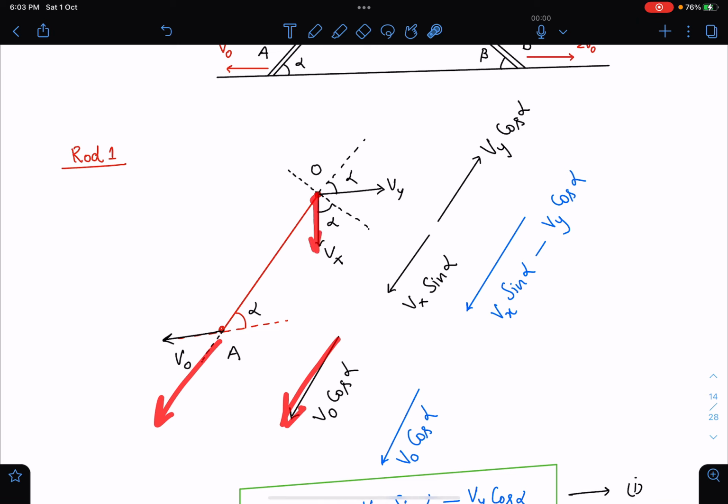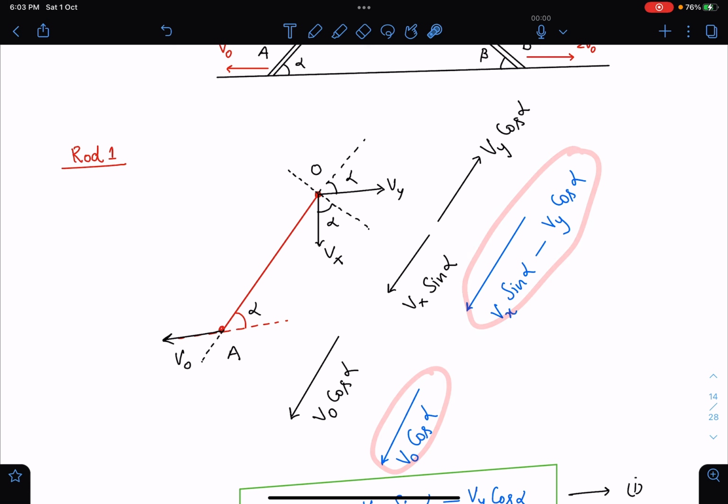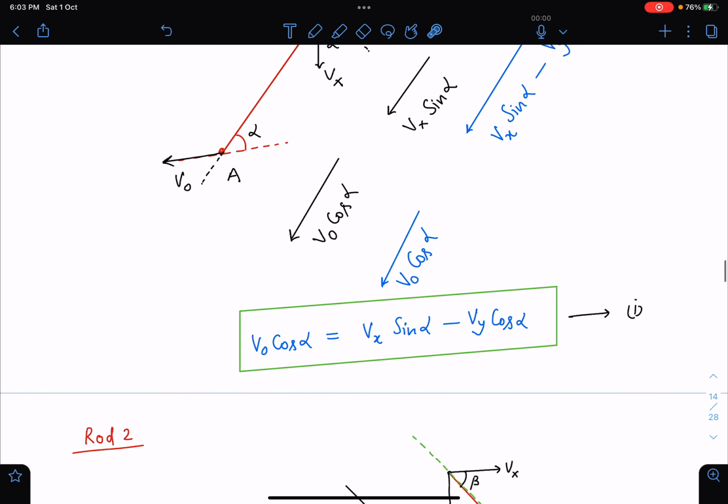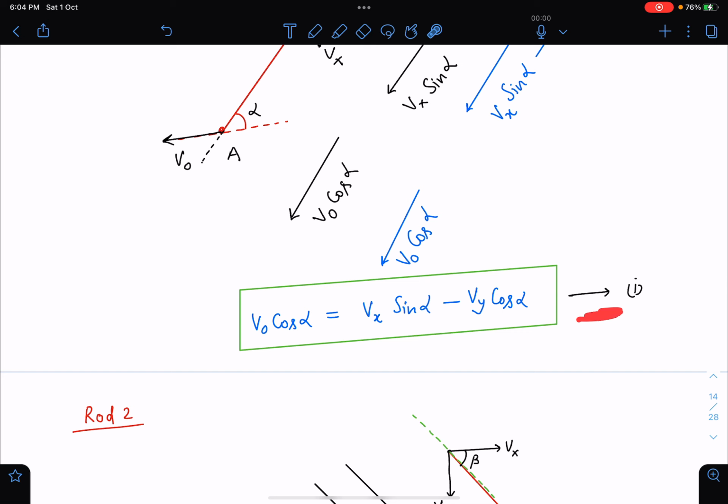Component of Vx along the length of the rod, that is Vx sin alpha. Component of Vy along the length of the rod, that is Vy cos alpha. So let's equate the directions first. Both are in one side. Now I have to equate magnitude. So V naught cos alpha is equal to Vx sin alpha plus Vy cos alpha. This is my equation number 1.